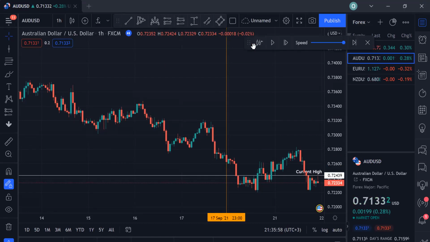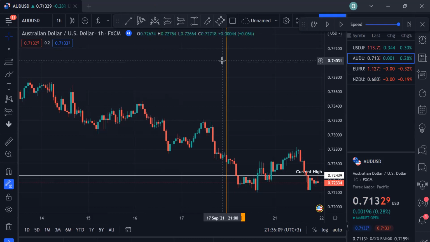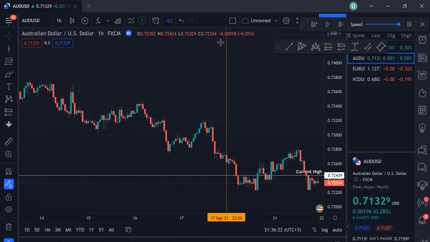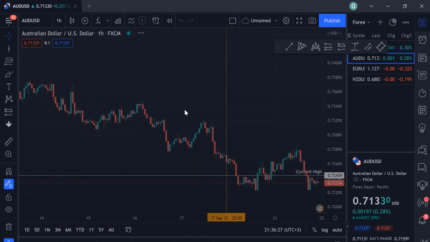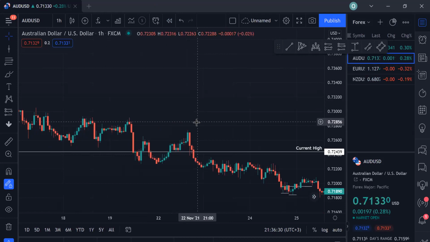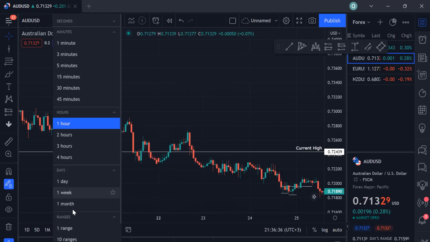So this is the new platform that I've been talking about, and this new platform is called TradingView. So I've opened TradingView, and then I will try and move to 12th of July. You can click on that. It asks me if I want to move. The answer is yes. Okay, so I come to 12th of July. You can change that month.